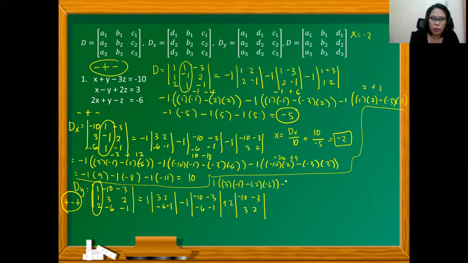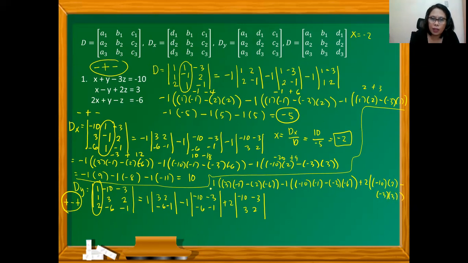And then minus 1 quantity negative 10 times negative 1 minus negative 3 times negative 6. And then plus 2 times quantity negative 10 times 2 minus, let's place the continuation here, negative 3 times 3.